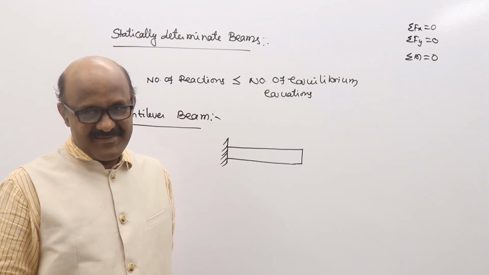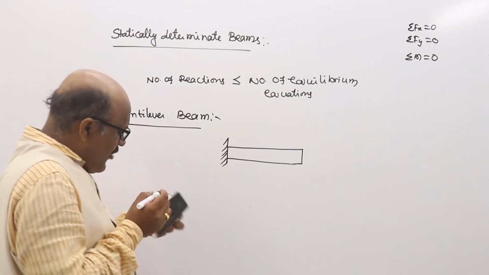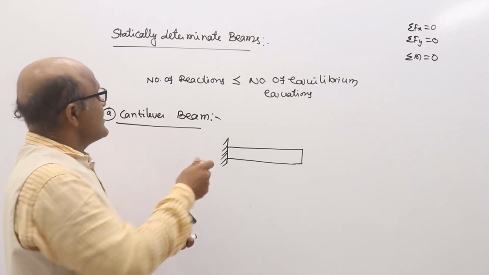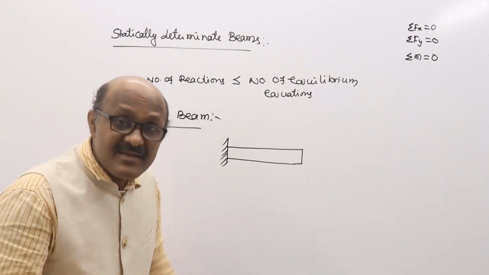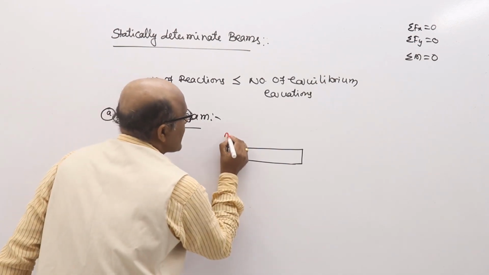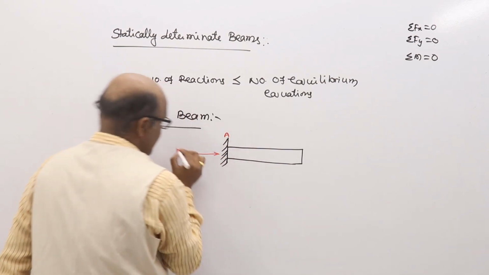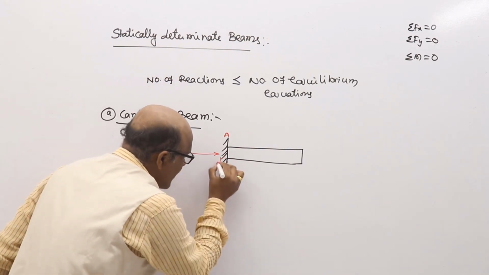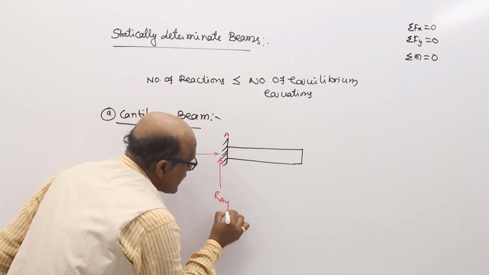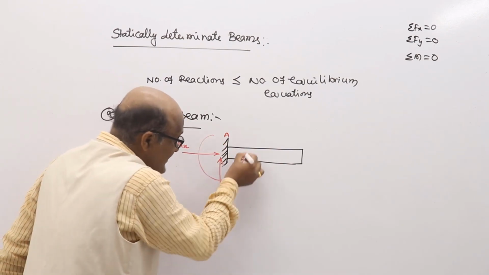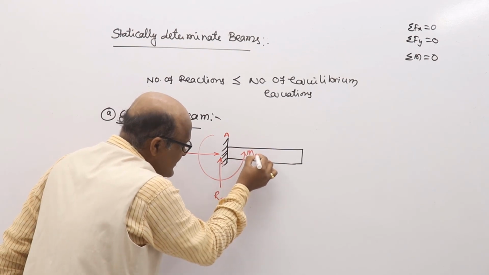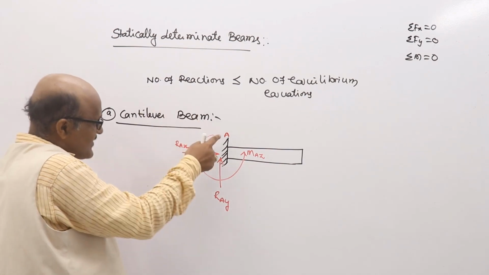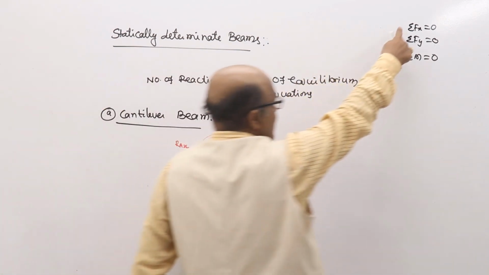We already discussed types of supports. Here is a fixed support. Motion is prevented in x-axis direction, this is RAX. Motion is prevented in y-axis direction, this is RAY. Rotation is prevented about z-axis direction, that is MAZ. So number of reactions 3. Number of equilibrium equations 3.